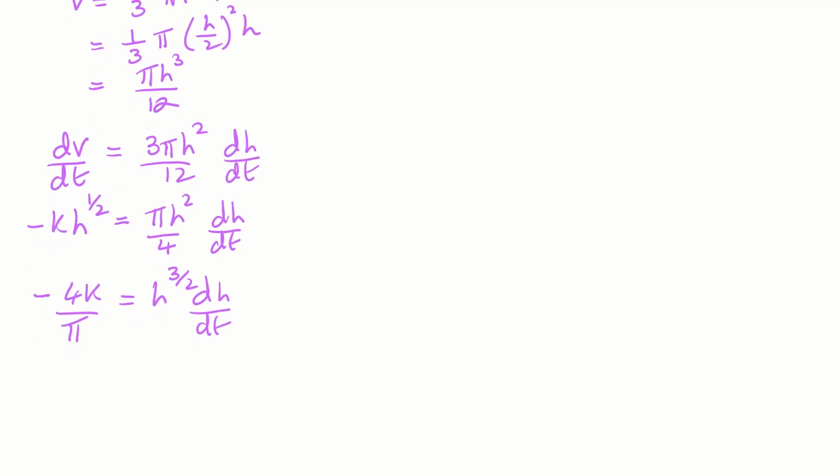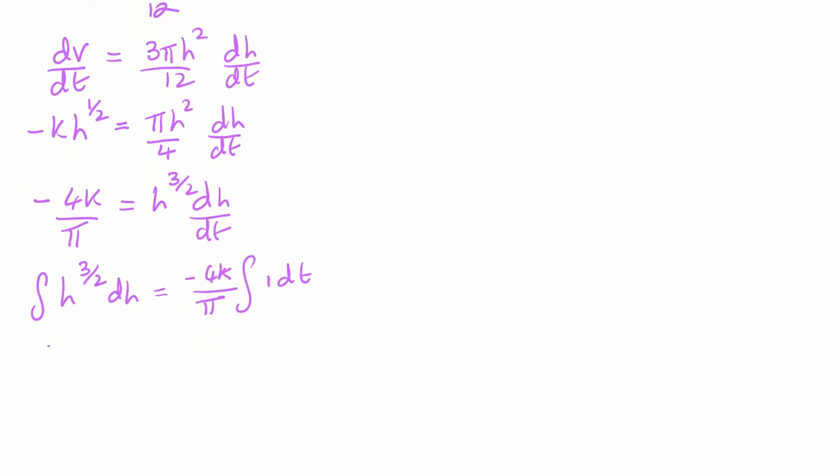We can now separate and have that the integral of h to the 3 over 2 dh is equal to negative 4k on pi times the integral of 1 dt.